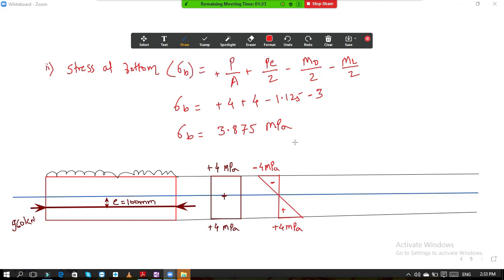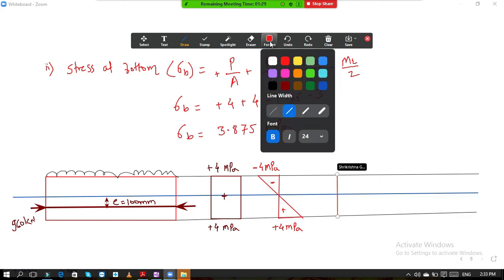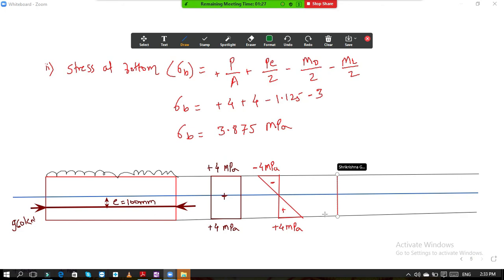Now next is the MD by Z diagram. So this diagram may be like this. At top it is plus and at bottom it is minus, and the value is 1.125 MPa. Here it is minus 1.125 MPa.